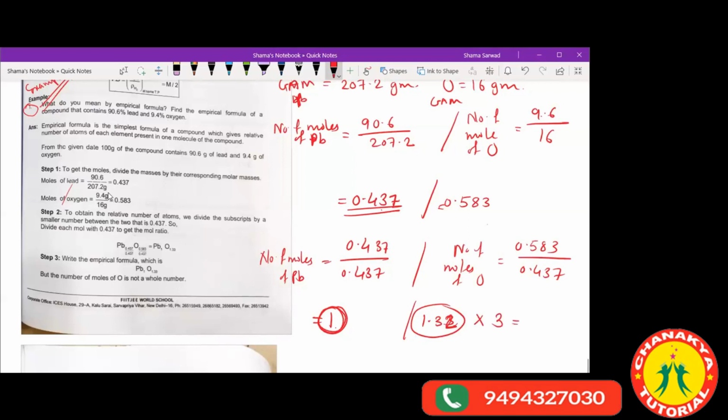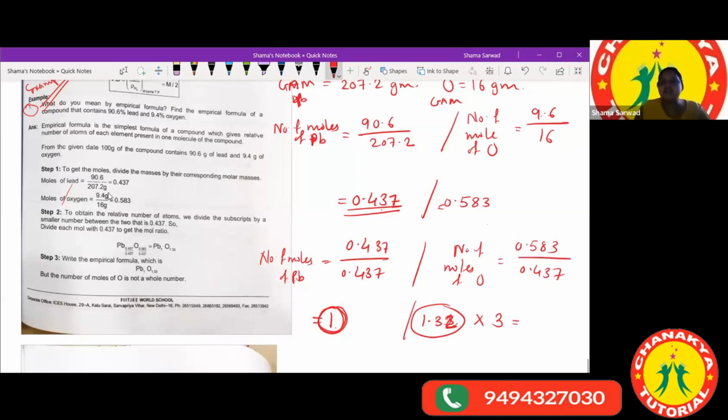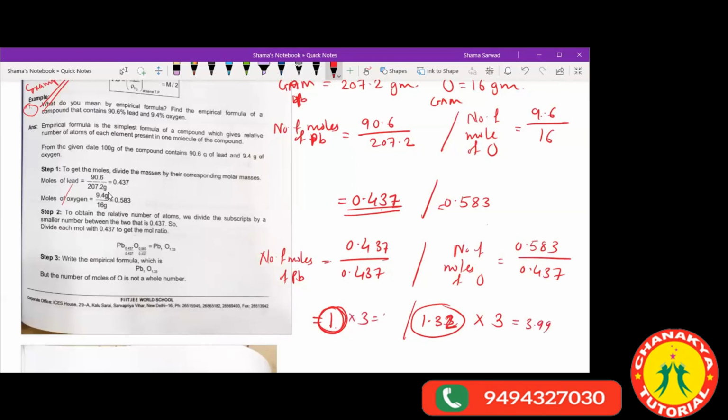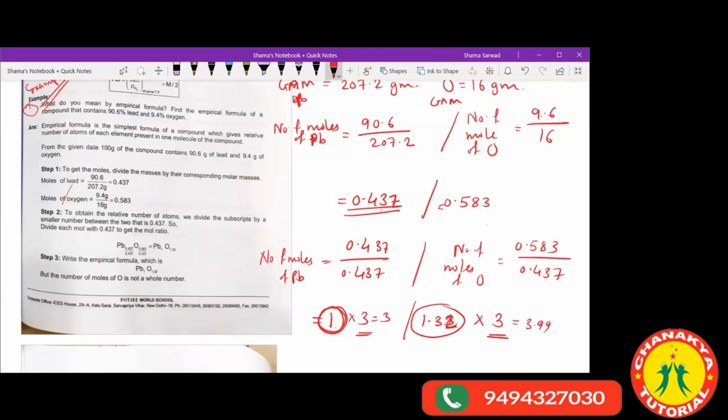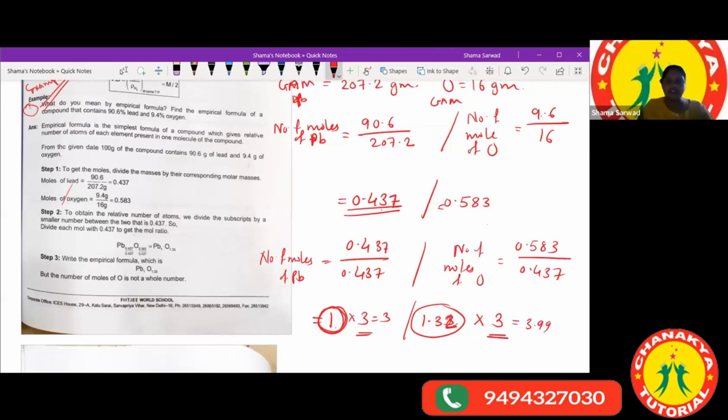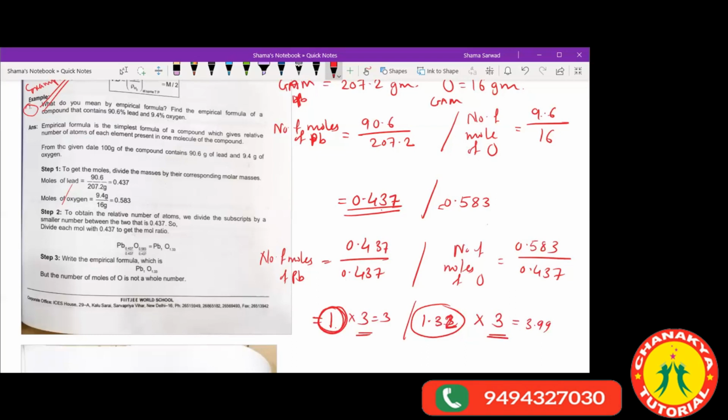And this will be 3. Because if I multiply here by 3, here also I have to multiply by 3. If I have multiplied the number of oxygen by 3, the number of lead also needs to be multiplied by 3. So you can take 3.99 as 4.